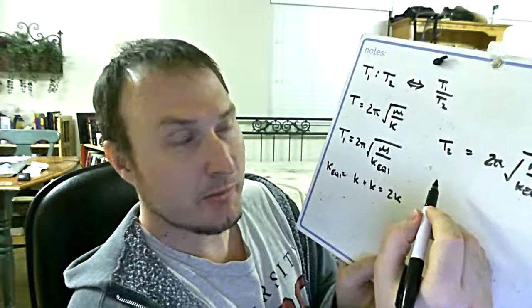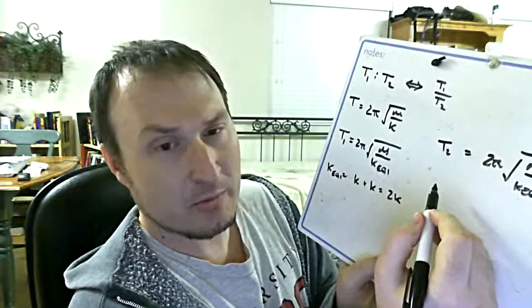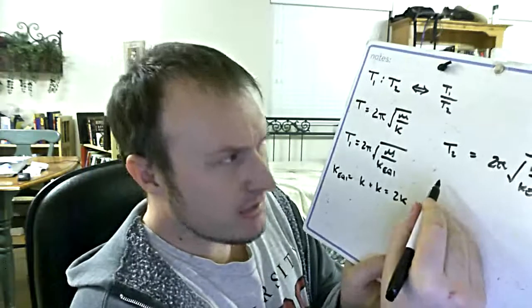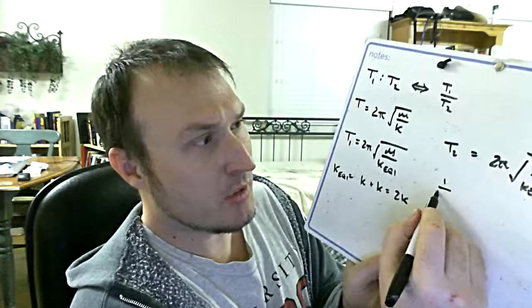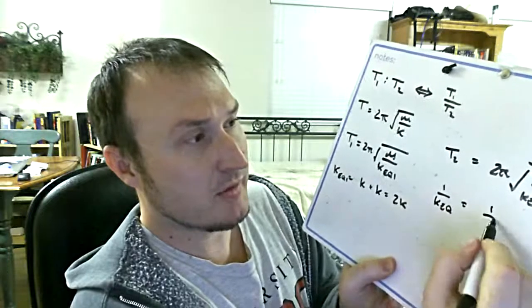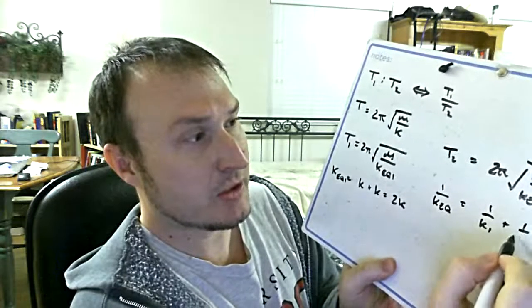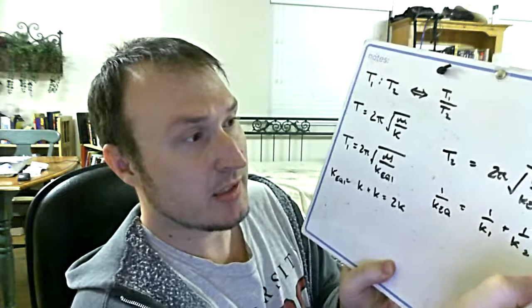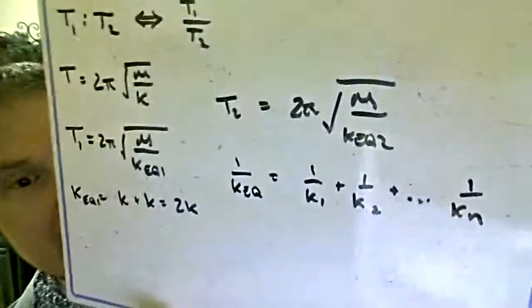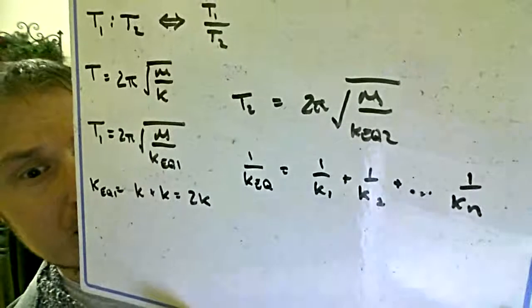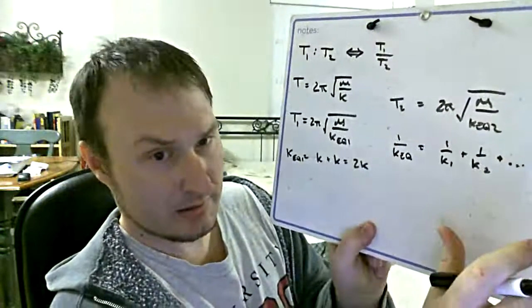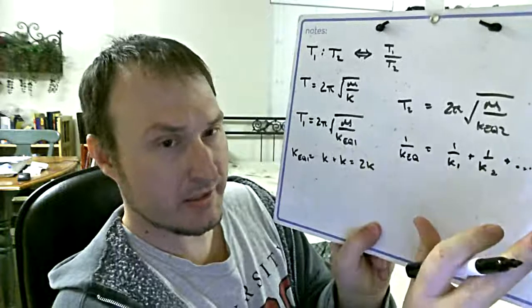You probably remember from circuits how resistors add in parallel. In other words, you get 1 over k_eq equals 1 over k_1 plus 1 over k_2 plus ... 1 over k_n. So that's how you would compute an equivalent spring constant when they're in series like that.